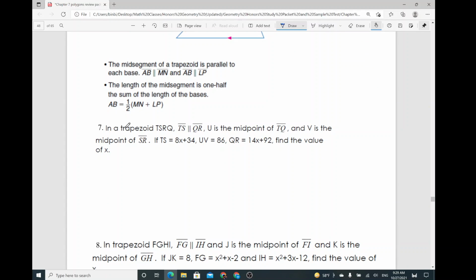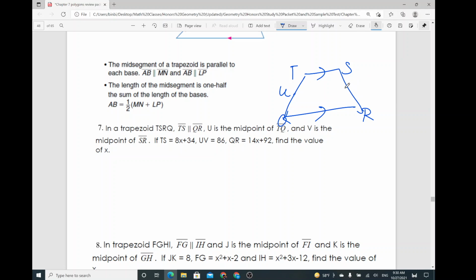So here's the one. Trapezoid TSRQ. Draw the figure. We do know that TS is parallel to QR, and use the midpoint of TQ, so use the midpoint here.